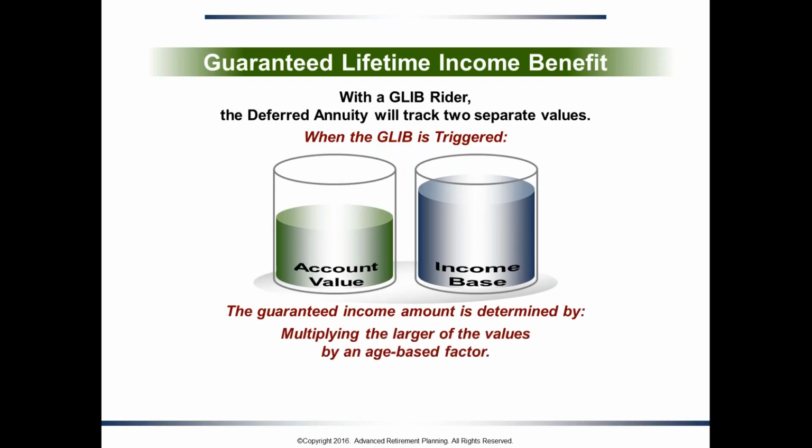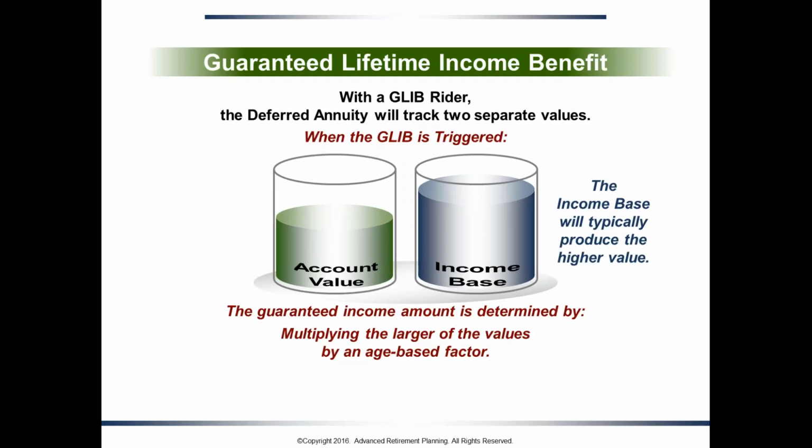Income is going to be determined by whichever one of these two things: the income base or the account value has grown the most in the years since we've waited for the income to begin, and by an age-based factor, what we generally refer to as an income factor. Okay. Now, in almost every case, the income base is going to produce the higher value. So generally speaking, that's really what we're looking at.